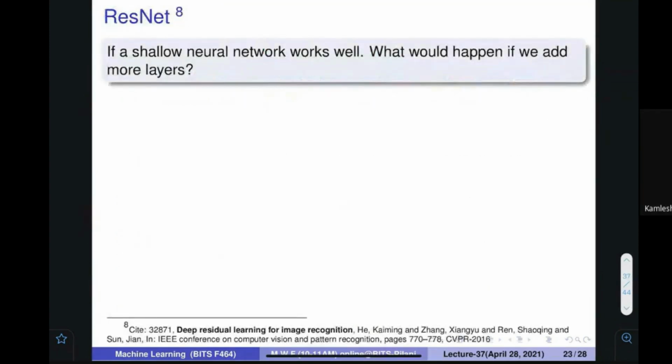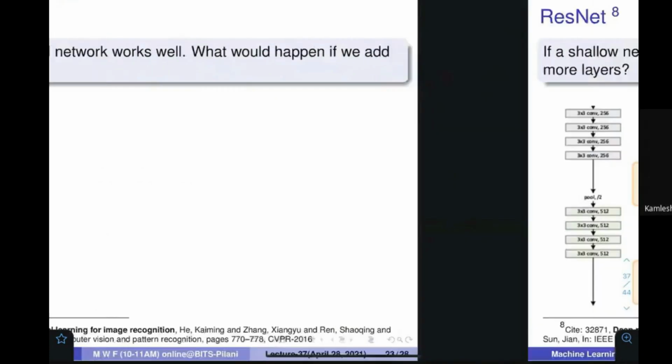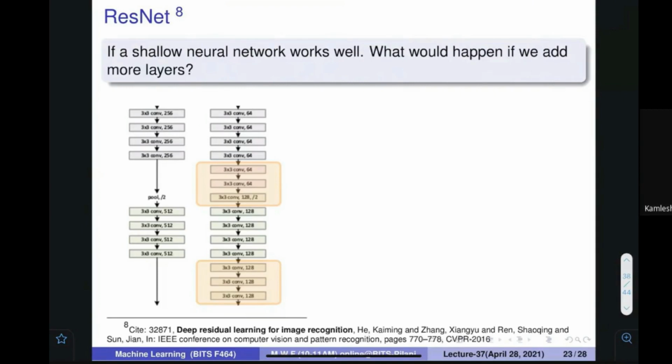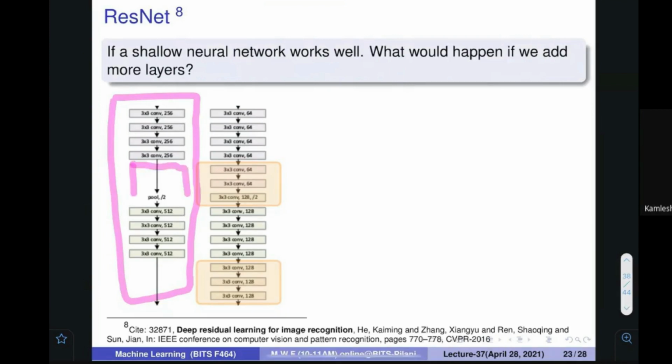The next architecture is a very interesting architecture. Try to understand what I'm going to say. Let's assume that for some problem, this is the best network that you have. If I add a few more layers, what would be the performance of this new network?